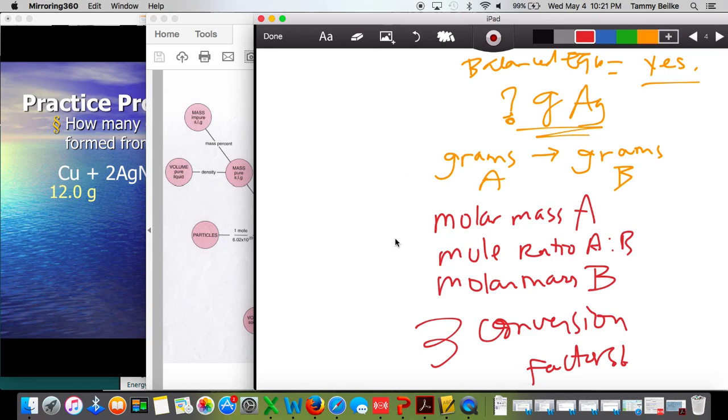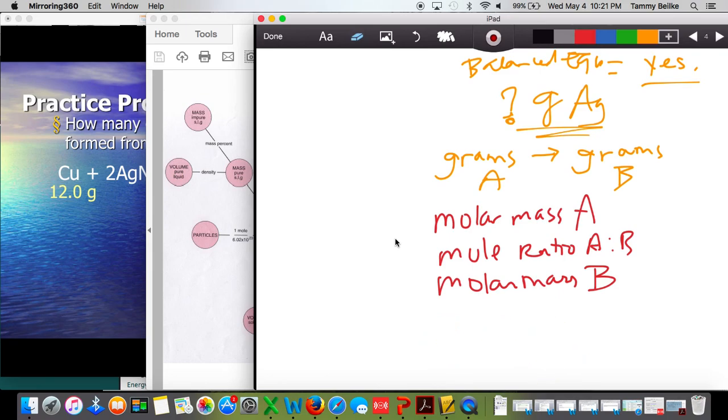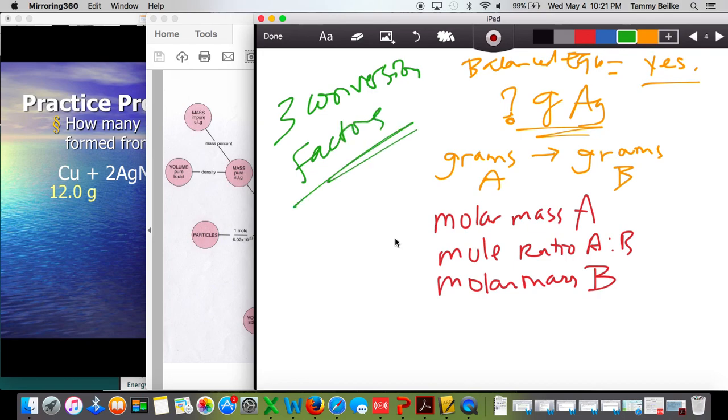So that means I'm going to erase this part. I'll put it here. 3 conversion factors. That means when I'm setting up my factor label method, I've got my starting spot right up here in the top left.